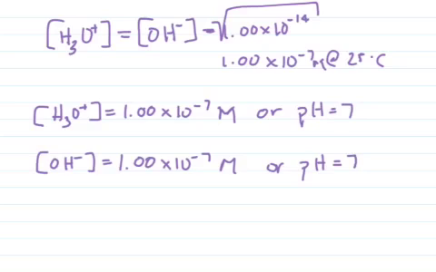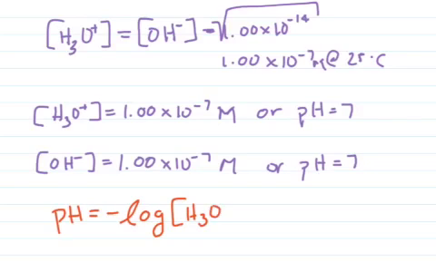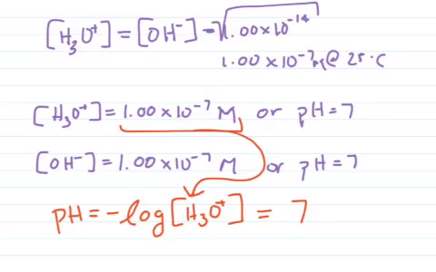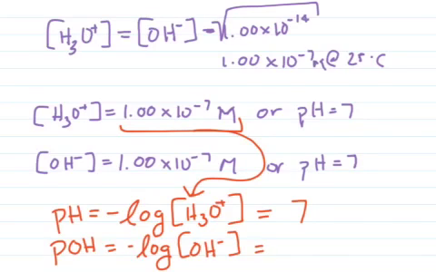Well, I used the equation pH is equal to the negative log of, let's say, hydronium for right now. So I plug in this number and I get 7. I can do the same thing for the pOH, which equals the negative log of hydroxide, which will give me 7. OH refers to bases, while the H refers to acids.